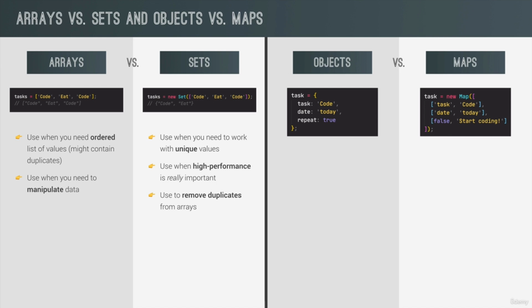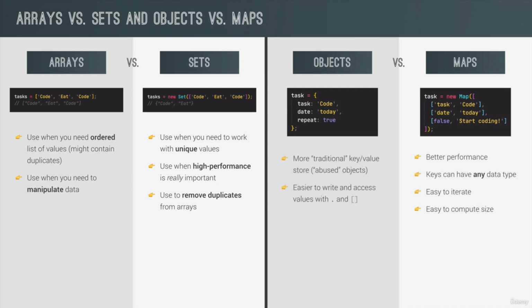But when to use objects and when to use maps? Well, objects have been the traditional key value data structure simply because we didn't have maps before ES6. But using objects simply as key value stores has a couple of technical disadvantages. And that's why some people say that we've been abusing objects for this.